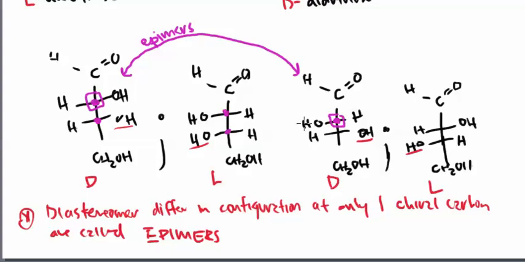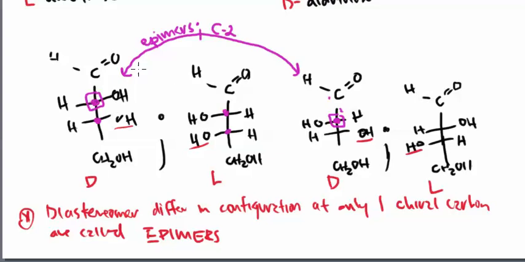What type of epimer? We can classify it a little bit more if we want, and we say that this is a C2 epimer. And the reason for that is because at my second carbon, that is where they're different. So this is my first carbon, this is my second carbon. So at carbon 2, they are flipped, and we call these a C2 epimer. Okay, well, what about number 1 and number 4?